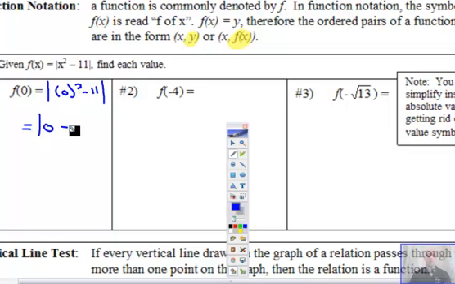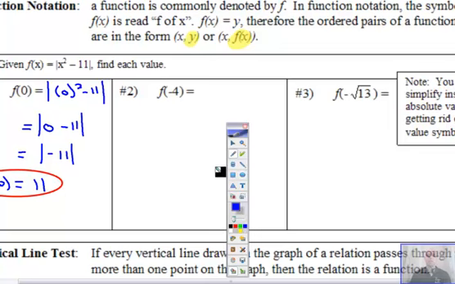That, of course, is 0. 0 minus 11 is negative 11. The absolute value of negative 11 is positive 11. So there we go. F of 0 is 11. Put 0 in, we got 11 out. That's why I like function notation.